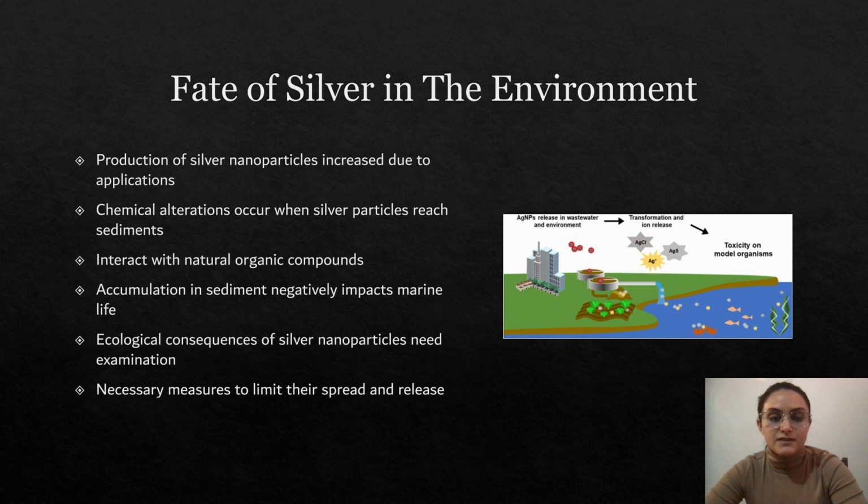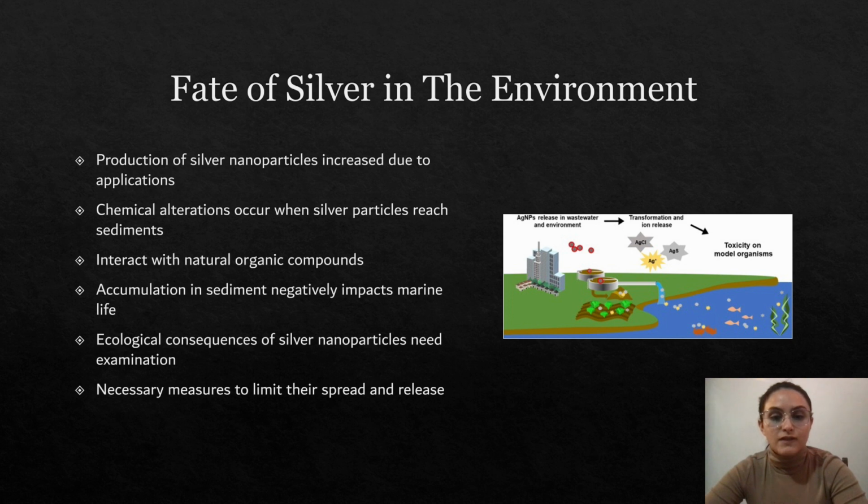The production of silver nanoparticles has significantly increased due to their emerging applications. However, when these particles reach underwater sediments, they can undergo chemical alterations like oxidative dissolution, sulfidation, chlorination, and reduction. Additionally, they can interact with natural organic compounds.